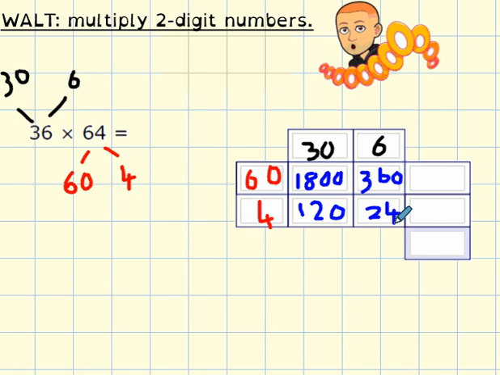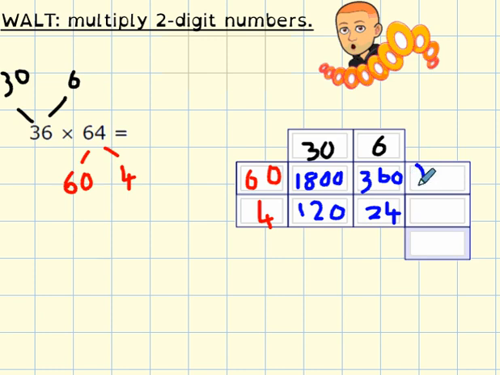So once I've got my totals for each of my boxes, I then work out the total for each row. So for the first row here, where I'm highlighting, I need to do 1,800 add 360. The answer in there would be 2,160.